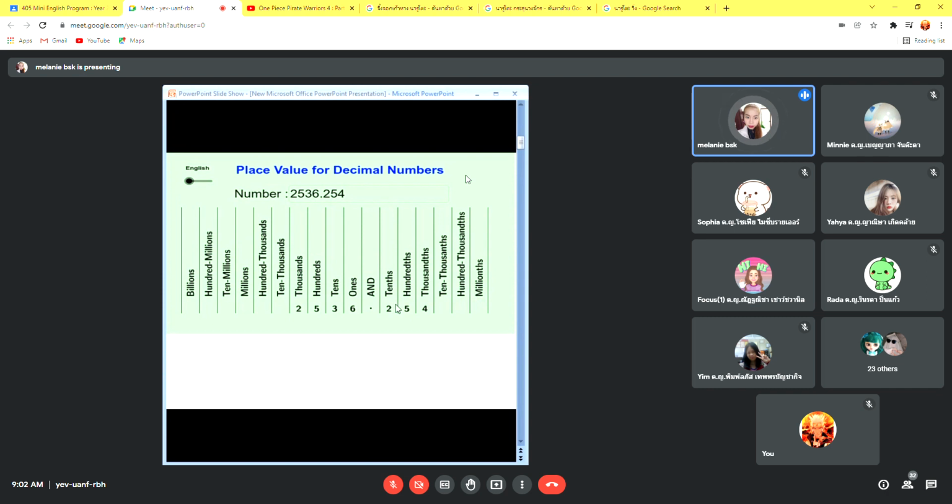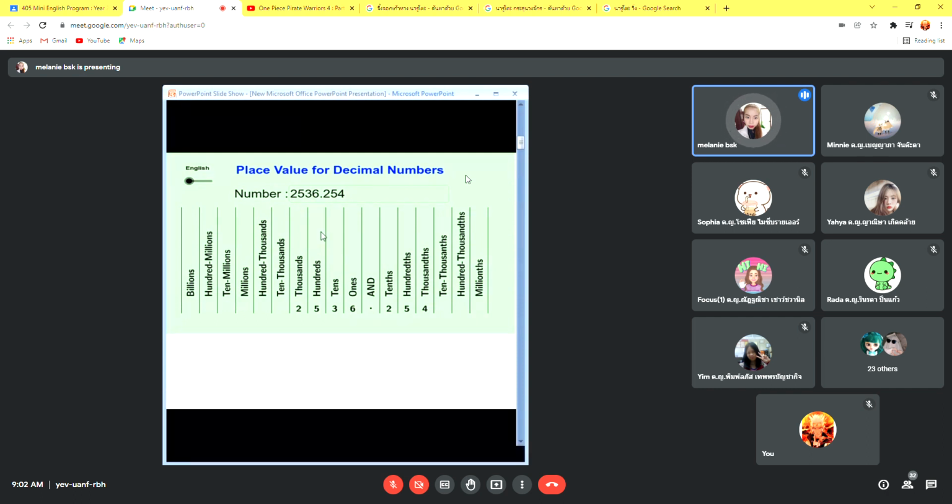Okay, so children, if we're going to read decimal numbers, we're going to start from the left going to the right. Not the same as whole numbers. We're going to start from the right going to the left. For whole numbers, we have ones here from the right, and then tens going to the left. So there is a difference between whole numbers and decimals.